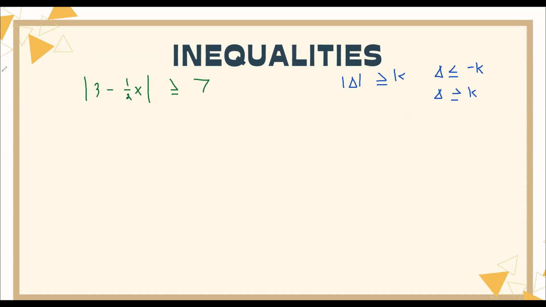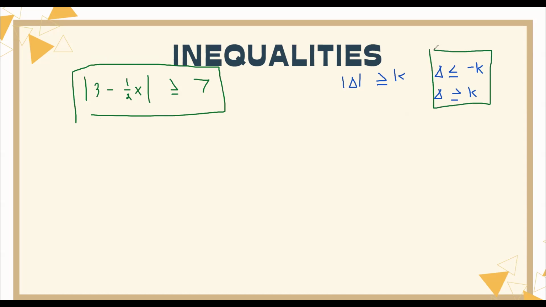Let's go to solving. Again, we just need to express our whole equation in the formula, right? So we will have 3 minus 1 half x is greater than or equal to 7, or 3 minus 1 half x is less than or equal to negative 7. Kasi nga, ito sabi dito, has to be less than or equal to negative 7.